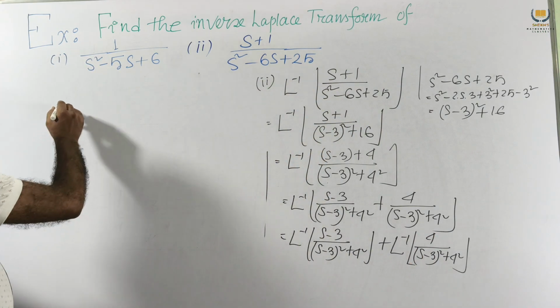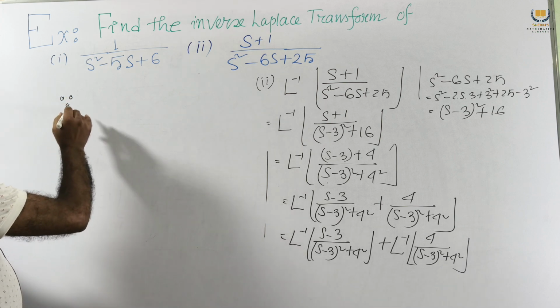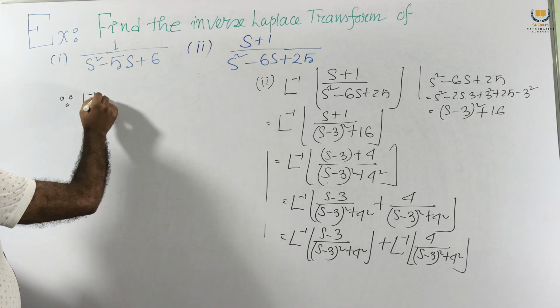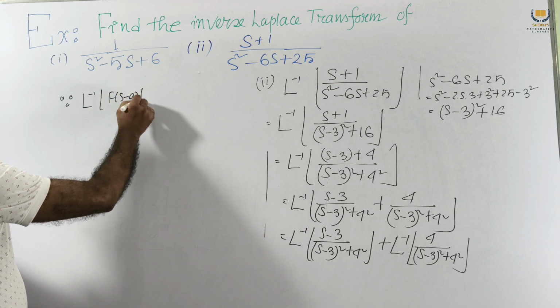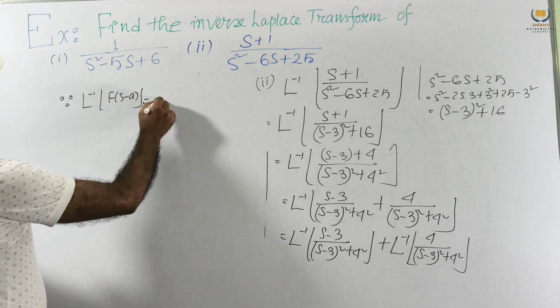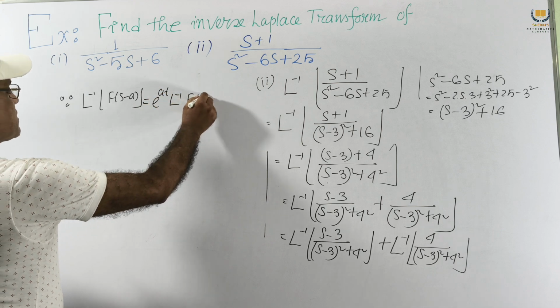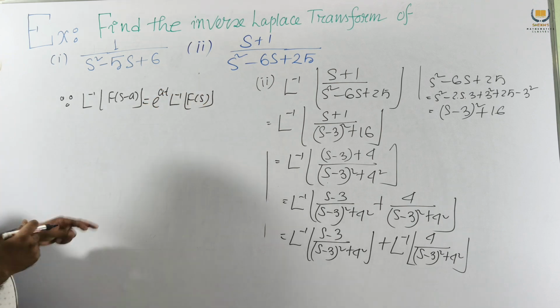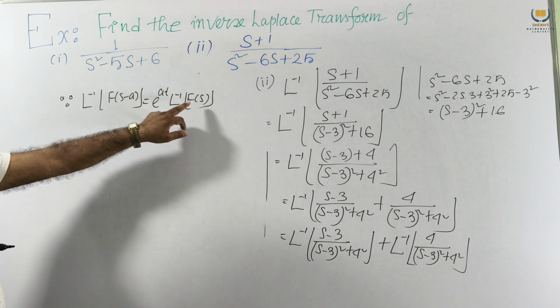So again you know the shifting theorem: L inverse f of s minus a is e to the power at L inverse f of s. If we remove this a, then it will be e to the power at and f of s.